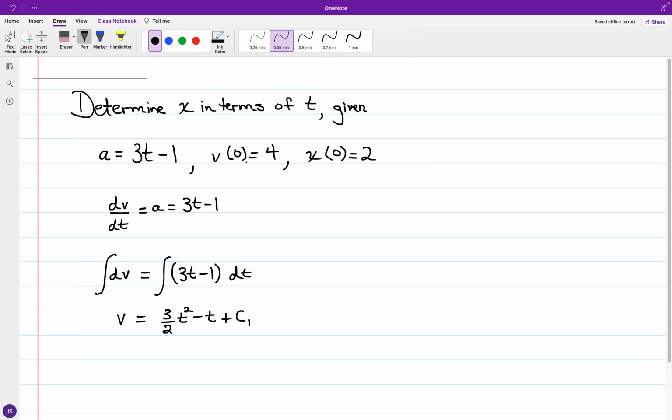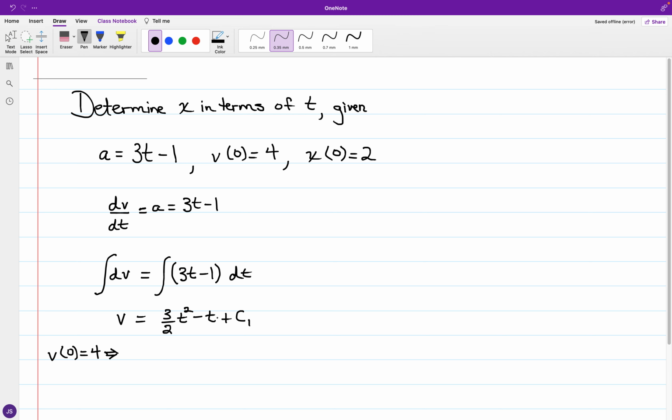And now, again, at time 0, we have that the velocity is equal to 4. Applying the condition supplied for the velocity given the time t is equal to 0, plugging in 0 for t and 4 for v. And if you notice, whenever t is 0, 3/2 of t squared becomes negligible.